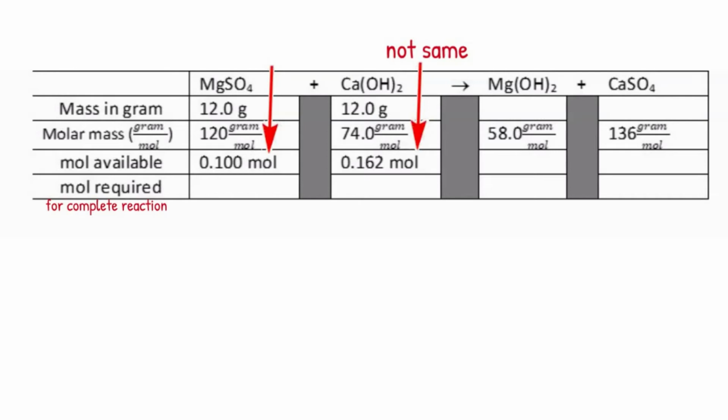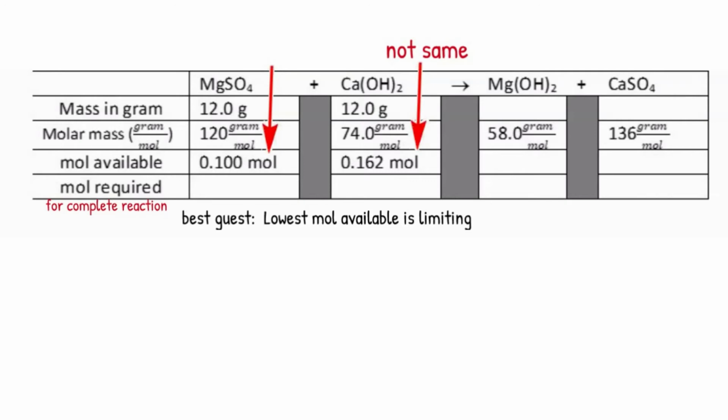We need to determine which of these two reagents is limiting, and my best guess is the lowest number of mole between reagents is limiting. This is not always, but often. So we need to choose magnesium sulfate as limiting reagent.